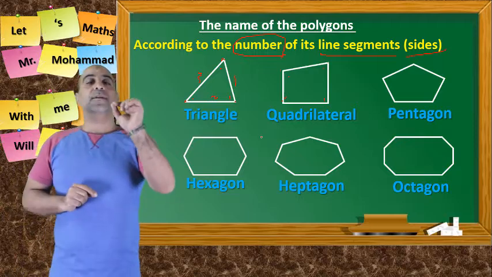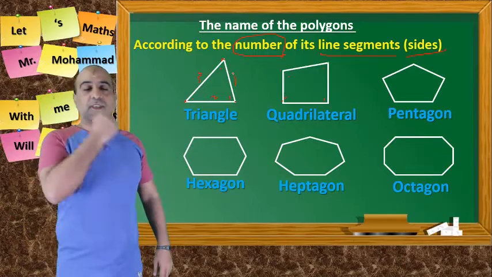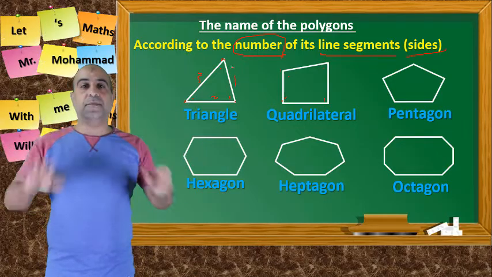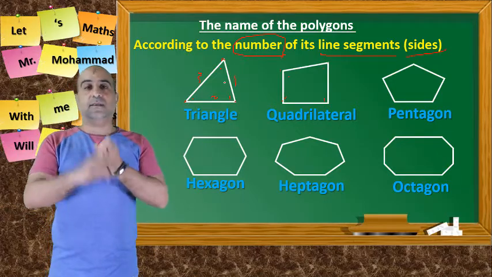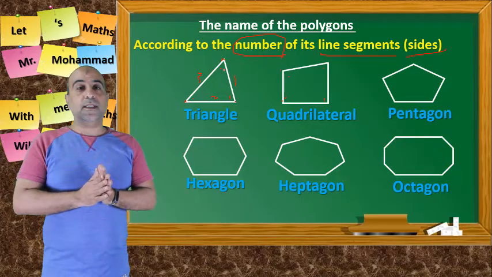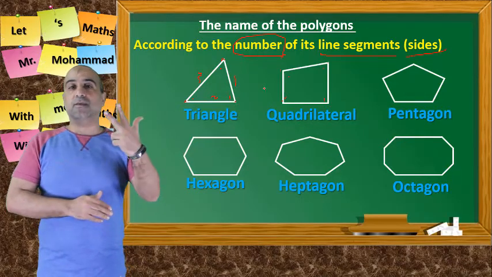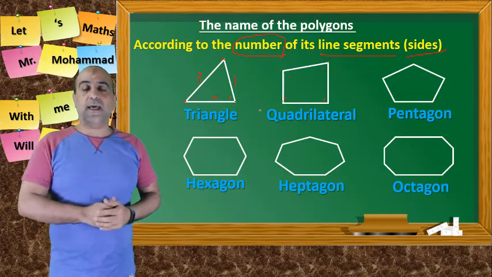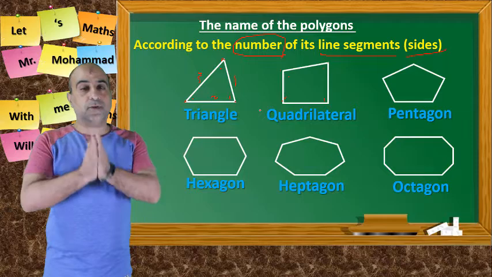But if you put the word regular before the name of the polygon, then we are talking about equal angles and equal sides. For example, the regular triangle is a triangle in which the 3 sides are equal in length and the 3 angles are equal in measure. We call it an equilateral triangle.